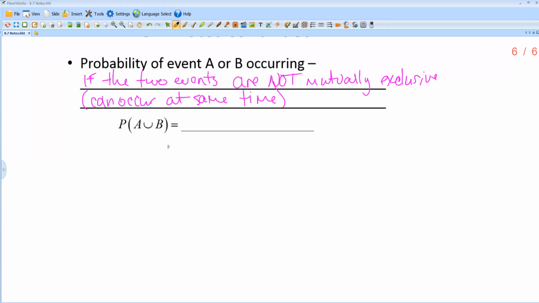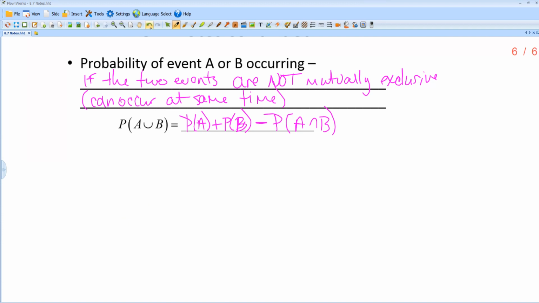Then what we do is we take the probability of A plus the probability of B. So same starting off, we add the probability of event A, we add the probability of event B, but then what we have to do is take out the probability that both of these things are happening at the same time. You sort of have a Venn diagram that comes along with this.